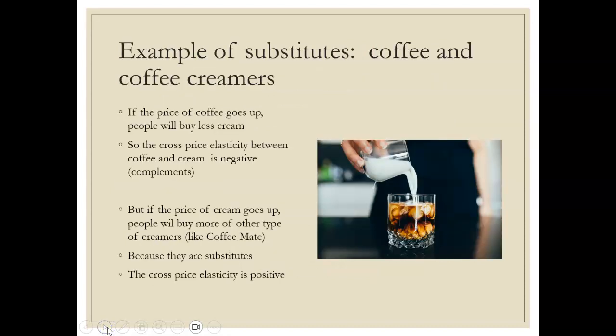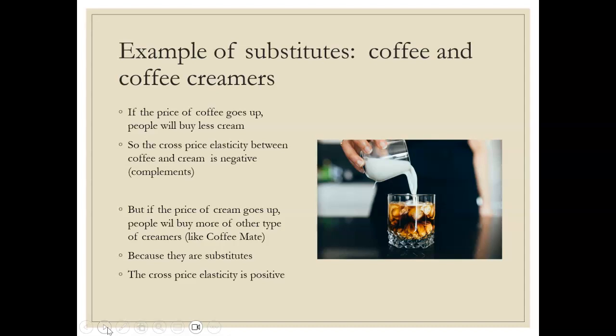Okay, let's look at an example here. If the price of coffee goes up, people will buy less cream because they're drinking less coffee, so they need less cream to put in their coffee. So the cross price elasticity between coffee and cream is negative because they're complements. Price of one goes up, demand for the other goes down.